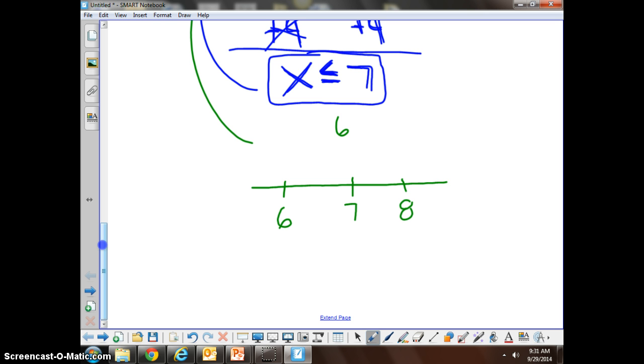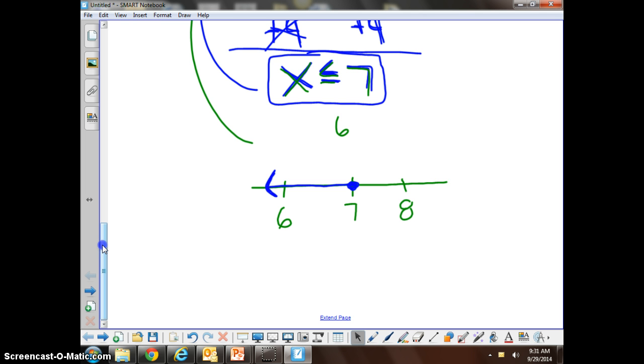And we want to show that x is less than or equal to 7. So it is actually going to include the number 7, and it's going to include anything that is less than 7, going to 6 and beyond. The solution set would be 7 and anything smaller than 7. You would graph it in this way.